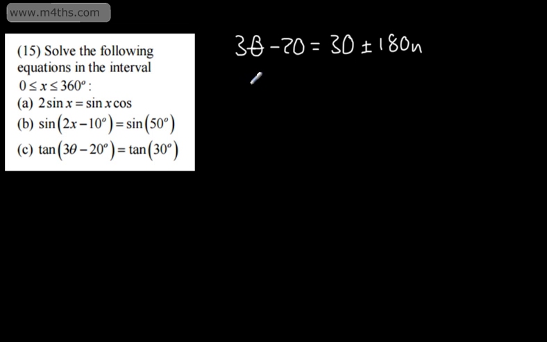So let's write this out. Theta is going to be equal to 30 plus 20 divided by 3, plus or minus multiples of 180 divided by 3, which is going to be 60 degrees. So what's 50 over 3? 16 and a third?